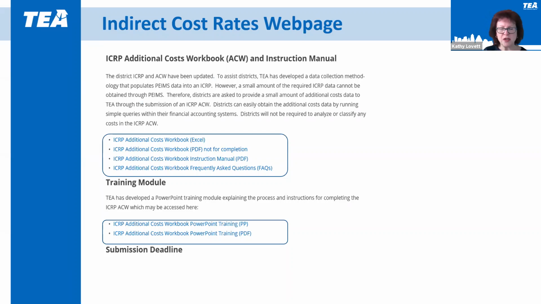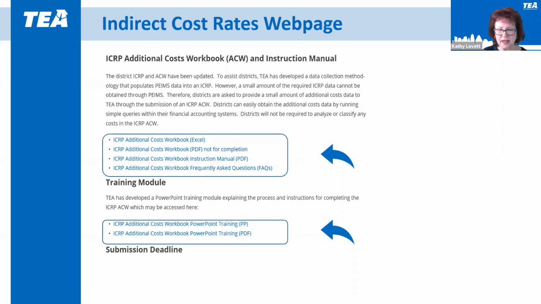So we want to start off by showing you the indirect cost rate webpage. There are numerous resources located here. What you see here, the snippet, is actually the middle of the page. At the top of the page, there's some information about the different types of indirect cost rates, etc. This is the part that we're going to be going over today, the additional cost workbook.